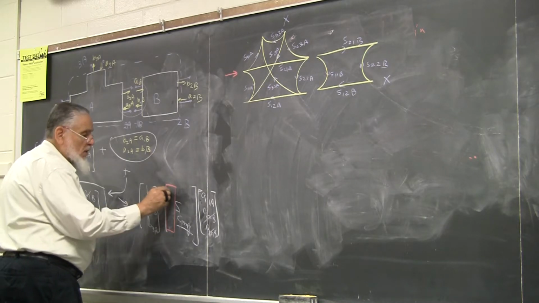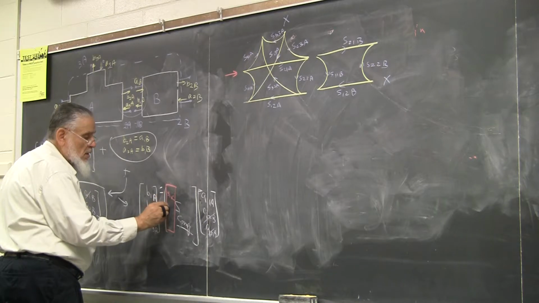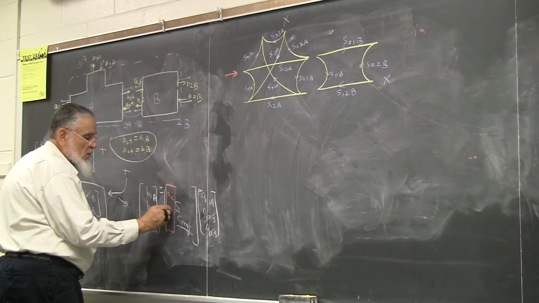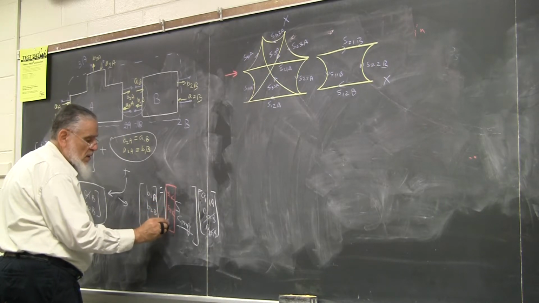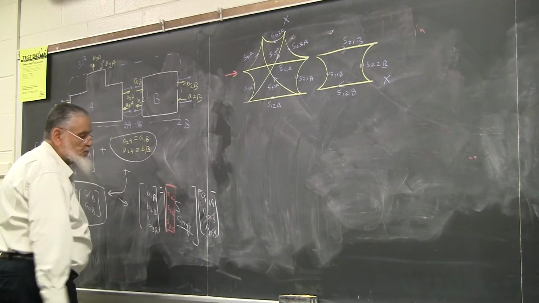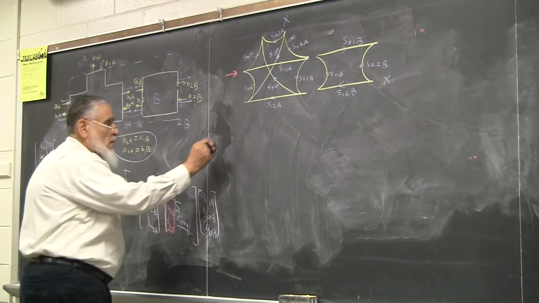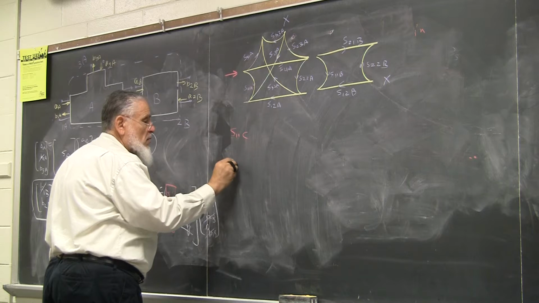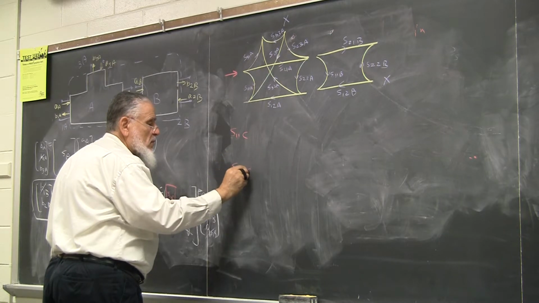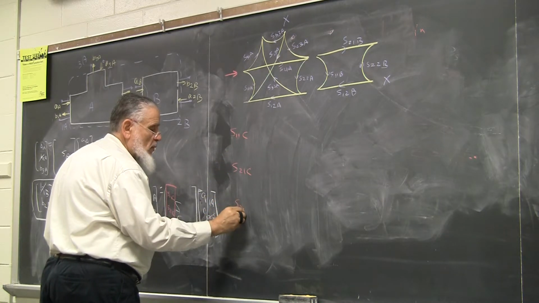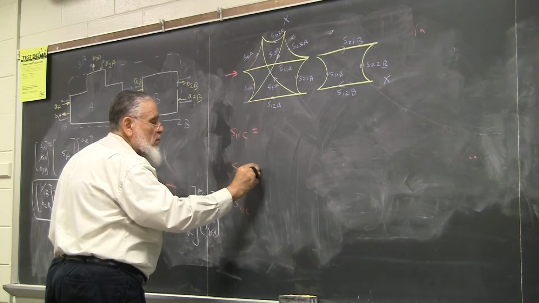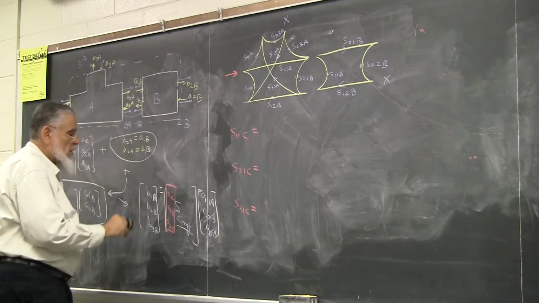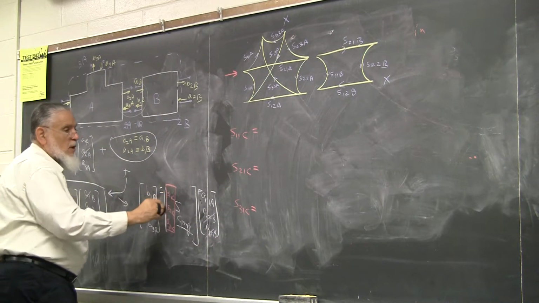What's this column composed of? S11 composite, S21 composite, S31 composite. That's equal to B1A over A1A.